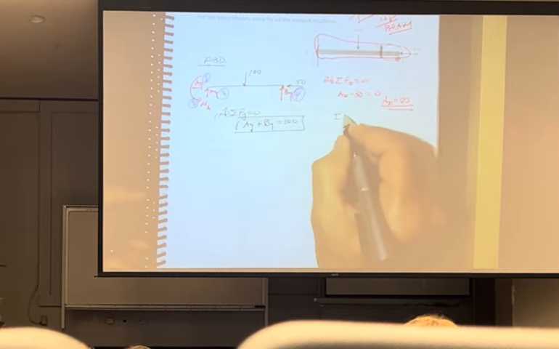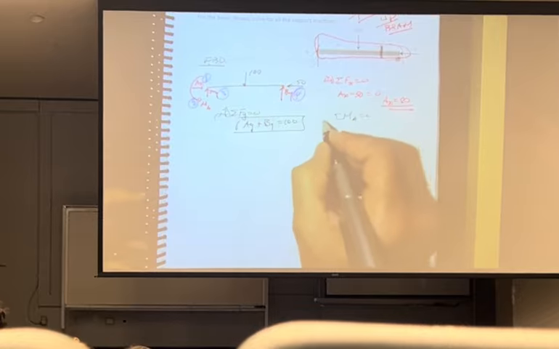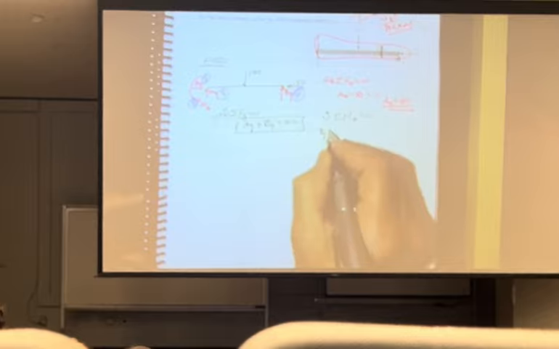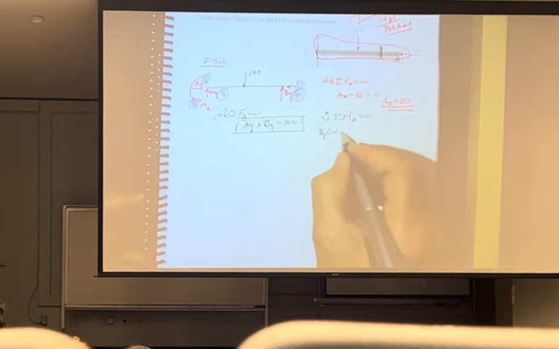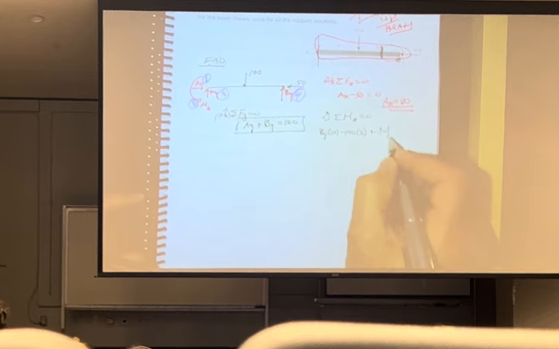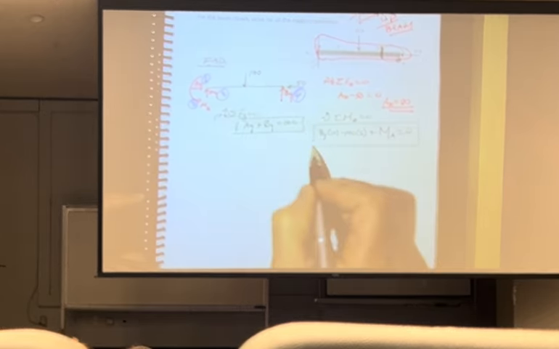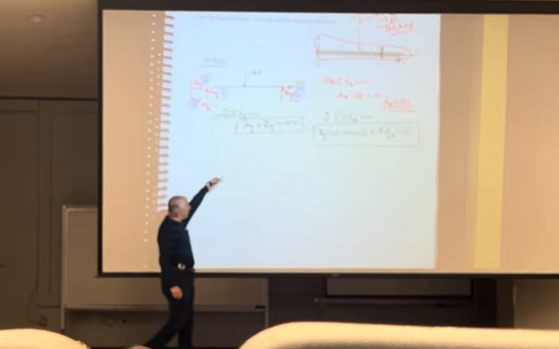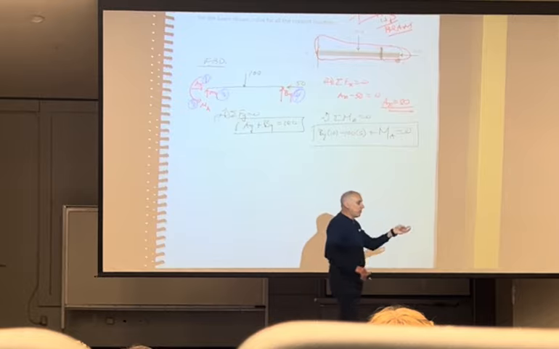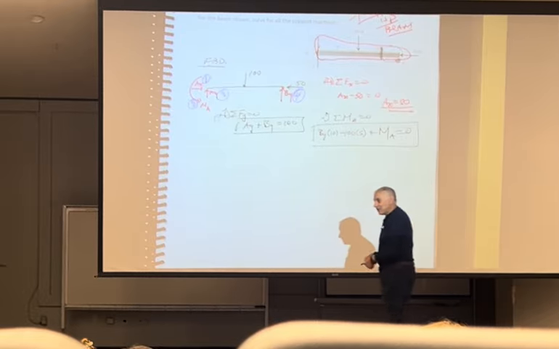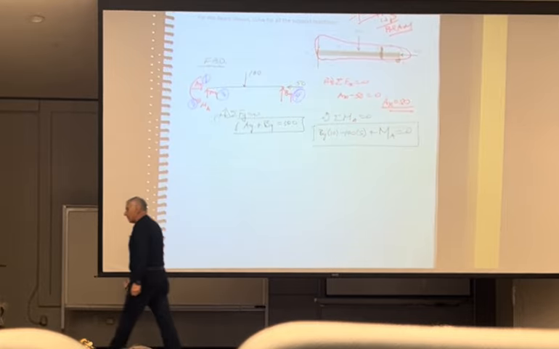And if I do a sum of moments at A equals 0, counterclockwise positive, that says BY times 10 minus 100 times 5 plus MA equals 0. Well, I have 2 equations, but I have AY, BY, and MA. 2 equations, 3 unknowns, I can't solve them. That's why we classify this as a statically indeterminate problem.